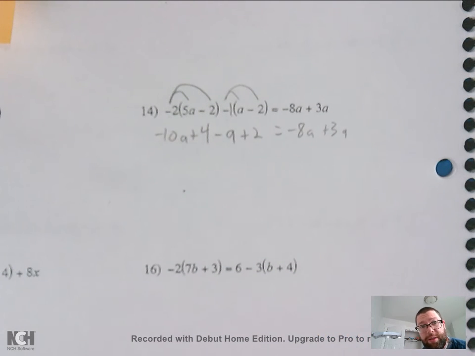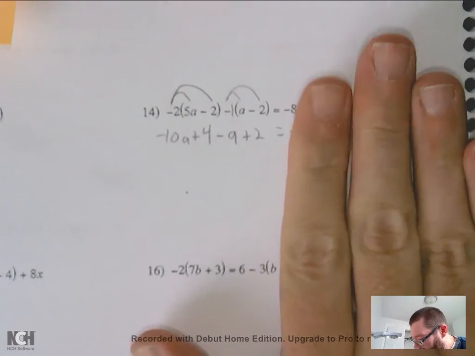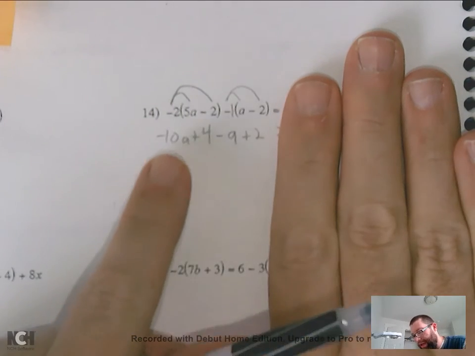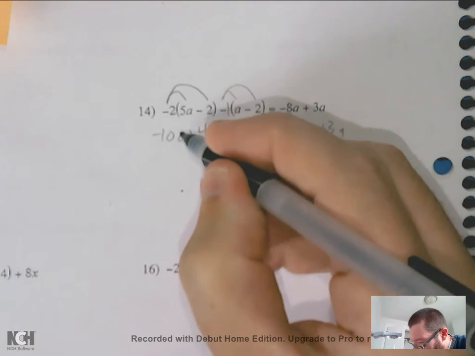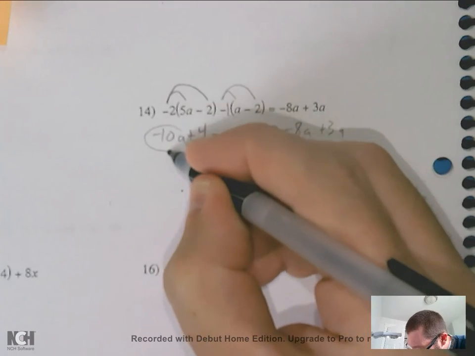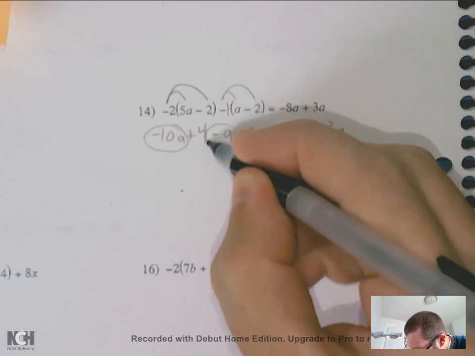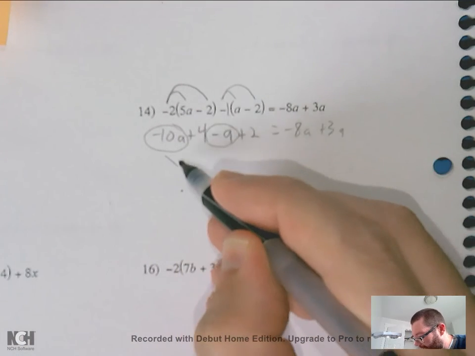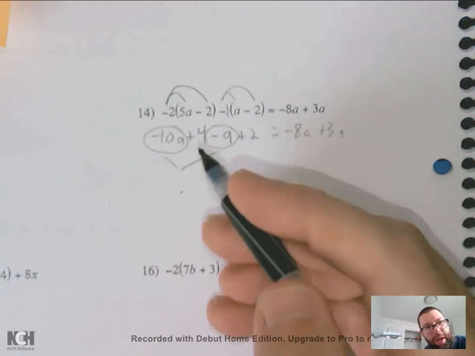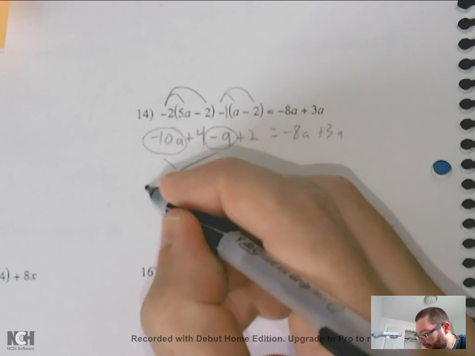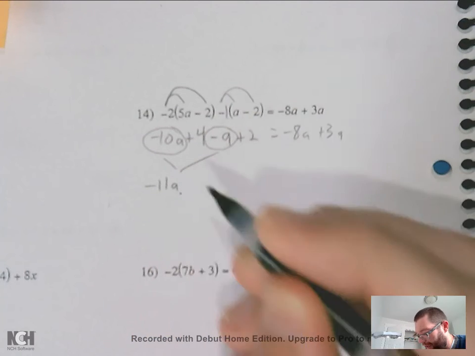Okay, next step is to combine like terms. And we got lots of like terms to combine. We're going to start with the left side. So I've got a negative 10a and I've got a negative a. So again, when we combine, we take the sign with it. So it's negative and a negative, right? Negative 10 minus another 1 would be negative 11a.